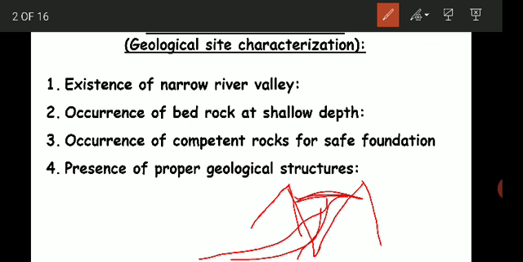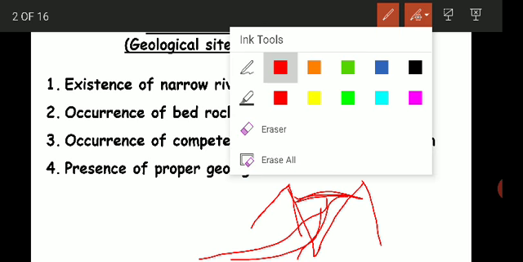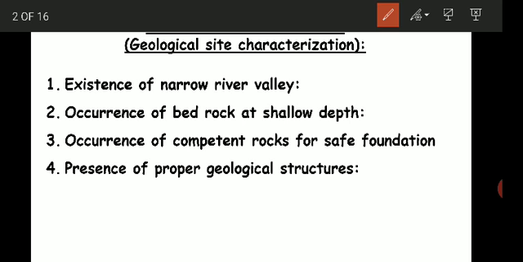Then the third point is occurrence of competent rock for safe foundation. Here the word competent means the hard rock. So the rocks which are present in the vicinity of the dam have to be checked. The stability of the site for a dam foundation depends upon the rock types present at the dam site.